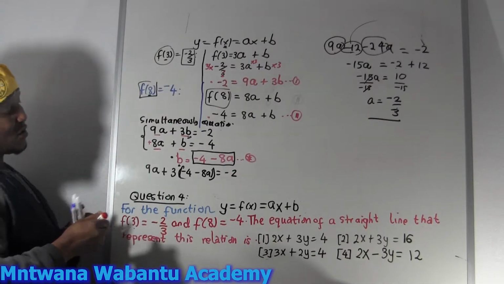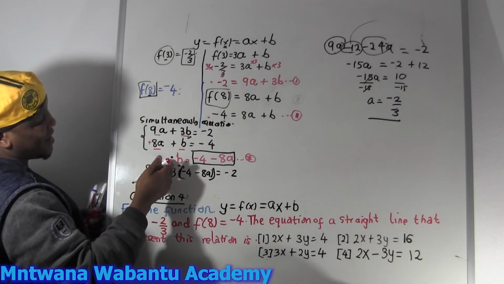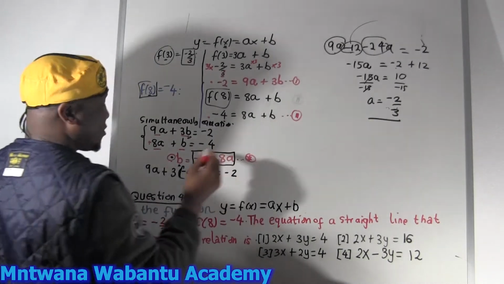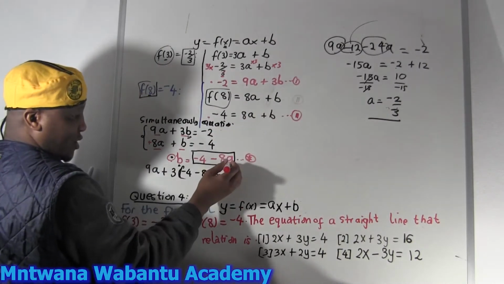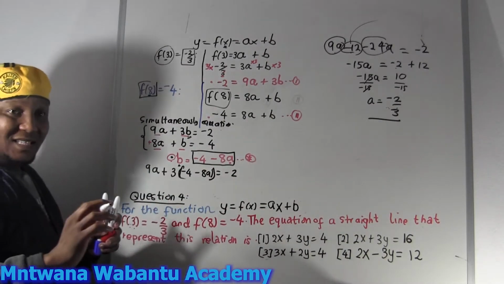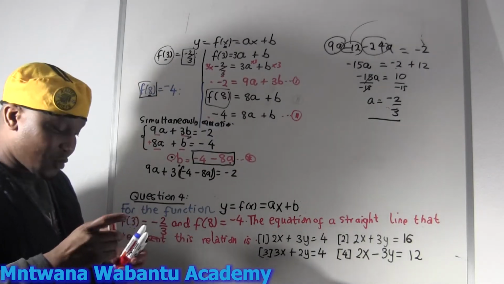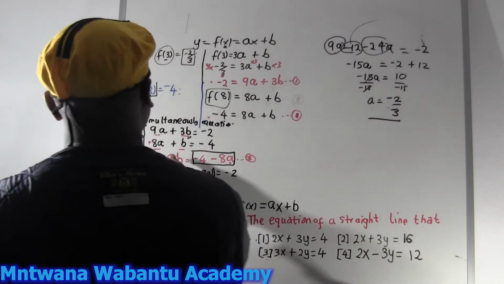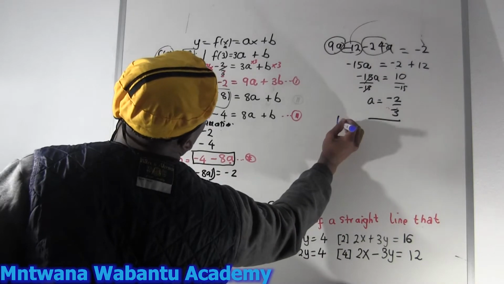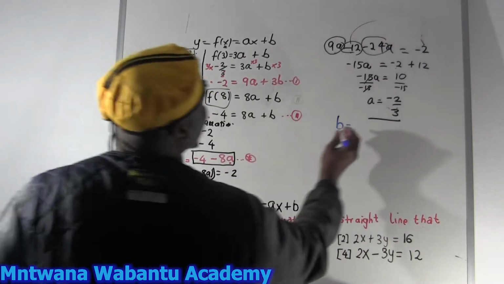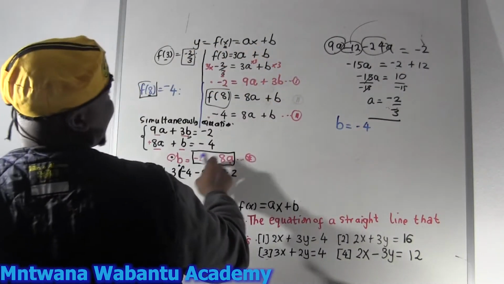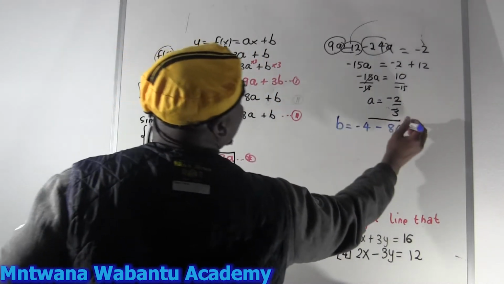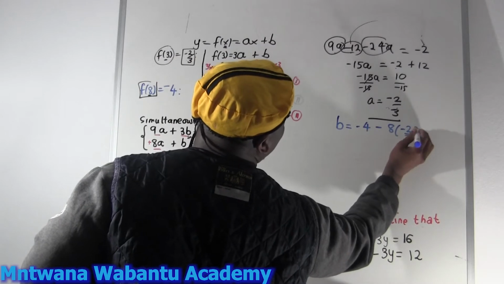Since you have a, you see the equation that you made the subject, this star? Take this value and put it in here. We know a, so put it in here, the one that you made the subject. Make sure you do exactly what I'm showing you, so your life can be easy in the exam. So b equals negative 4 minus 8, and a we have now is negative 2 over 3.